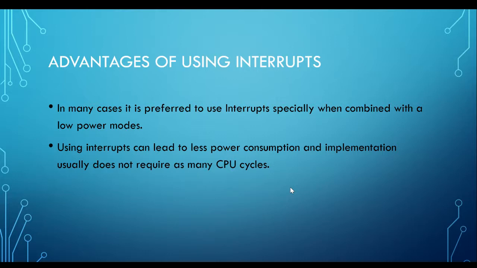Definitely, it's waiting for the ring, then you check the phone. So this is the main advantage of the interrupt. The main program does not have so much computational load. Using interrupt can lead to less power consumption, and implementation usually does not require as many computer cycles. Imagine you have 6 lines and you have one if else loop to implement the polling system. Irrespective of whether someone is calling or whatever, you will need to actually check the phone.